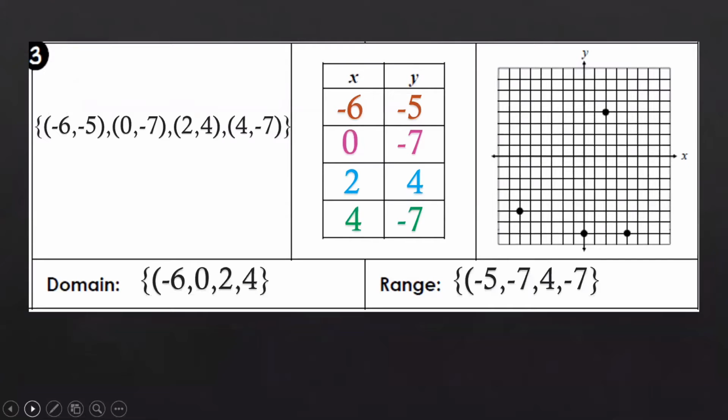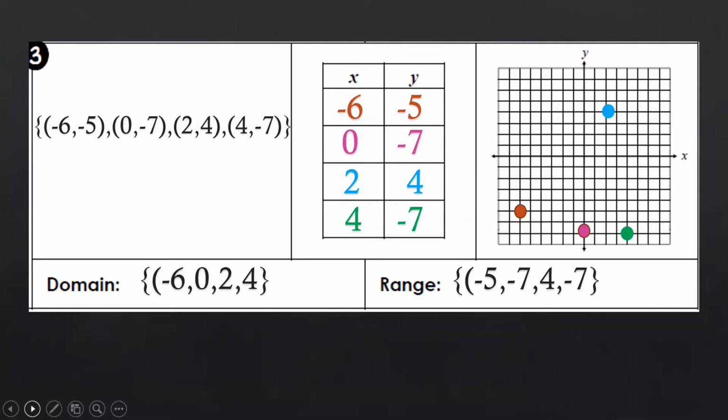Okay, take a look here. I got all of these values. Where did I get these from? Well, if you take a look here, this point was -6, 5. This point was 0, -7. This point was 2, 4. And this point was 4, -7.